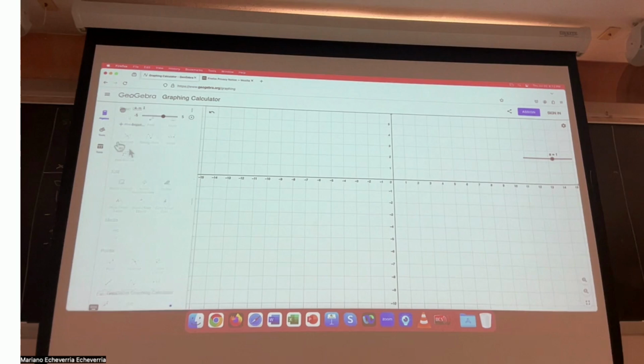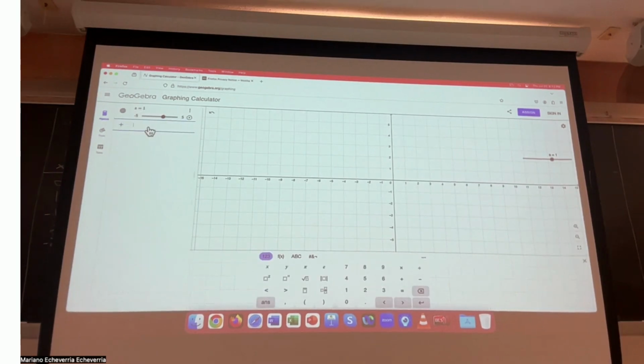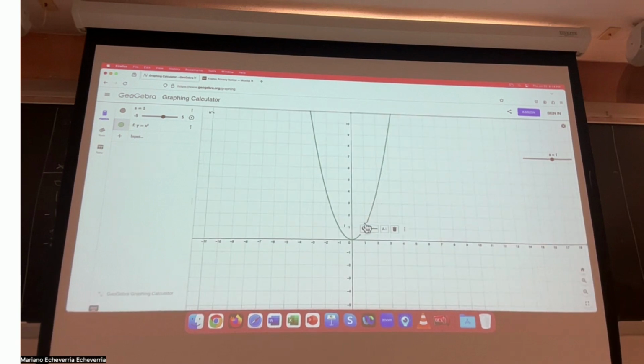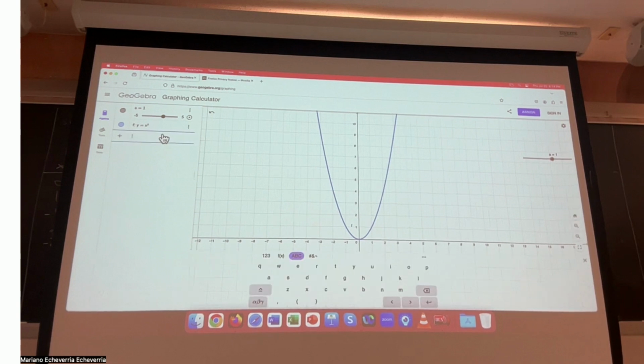My reference parabola I'll leave as y equals x squared, as usual to have as a reference. And then I'll put the other parabolas as a times x squared.